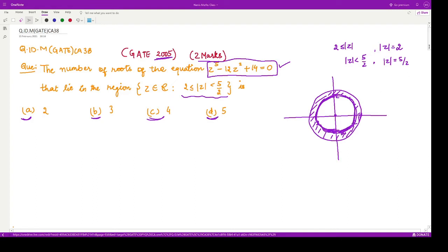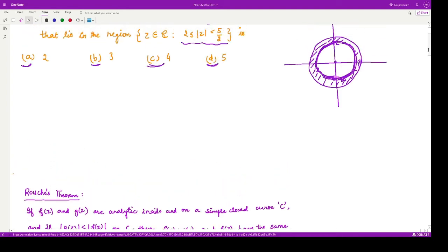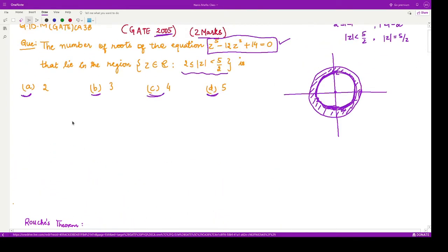For that we'll make use of Rouche's theorem again, where they are saying if you have two polynomials which are analytic inside and on a simple closed curve C, then moreover, if this inequality is satisfied, then the number of zeros of f of z plus g of z and f of z are the same. So let us first see the number of zeros when we consider the circle C1 to be mod z is equal to 2.